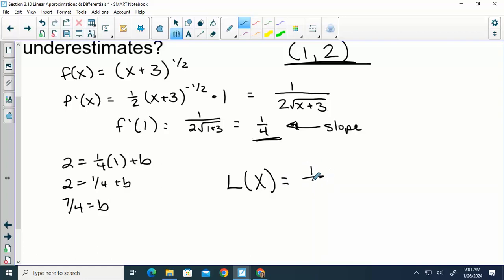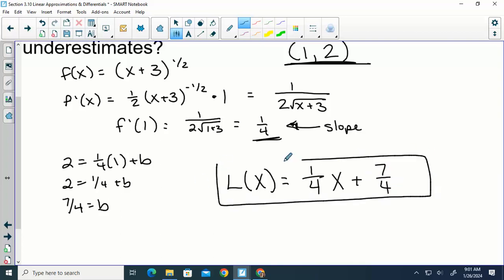So our linearization is 1/4 x plus 7/4. So that's the tangent line. And that would be a good approximation as long as x is close to what number? 1. So as long as x is close to 1, this is good. But if our x is too far from 1, this is probably not going to be a great approximation.